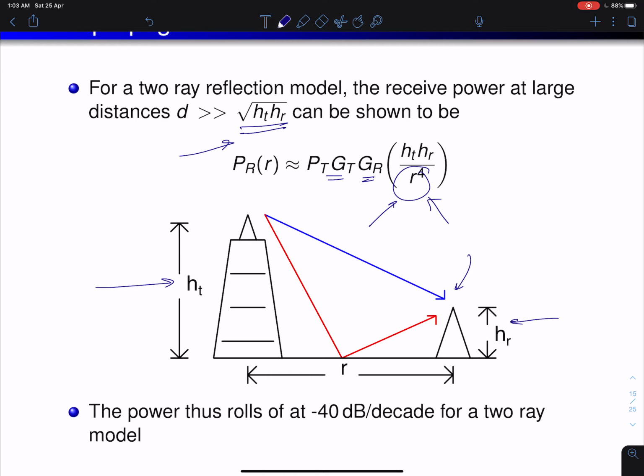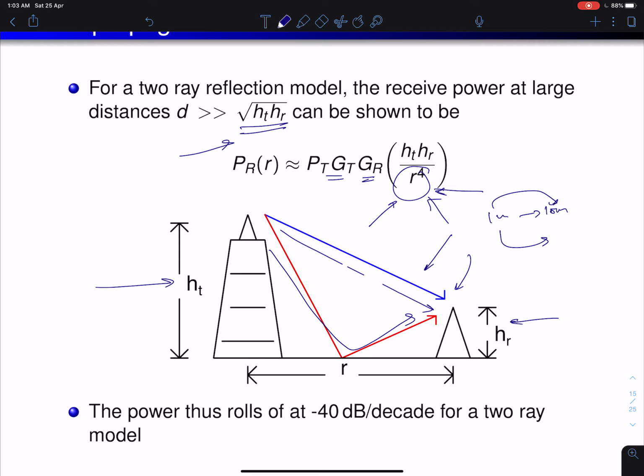So here for just a two-ray model, where you have one direct line of sight path and one reflected path, your signal power is going to reduce at the rate of r power 4. So if I increase my distance from, let's say, 1 meter to 10 meters, then my power will be reduced by 40 dB per decade. Okay, that's a 1 decade change in the distance.